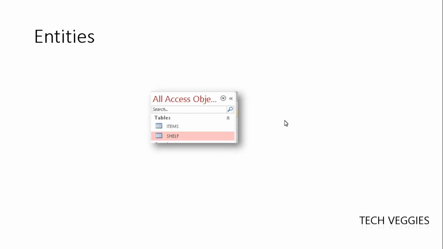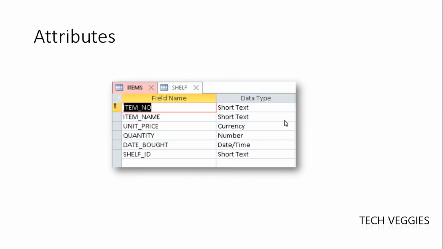Let's now look at a Microsoft Access example. In this example, we have two entities called items and shelf, which are implemented as tables within an Access database. We also have various attributes belonging to these tables, or what we call field names in Microsoft Access, such as item number, item name, unit price, quantity, date bought, and shelf ID, which all belong to the items table.